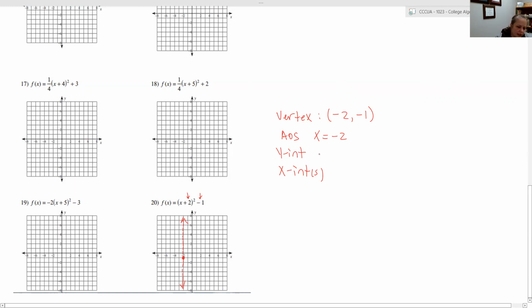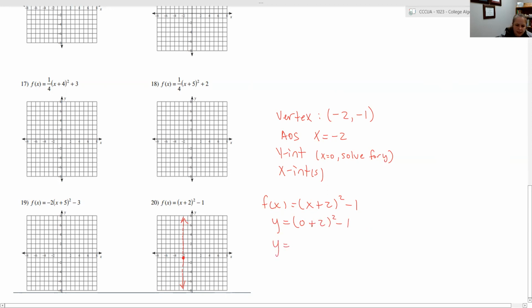Now to find my y-intercept, I set x equal to 0 and solve for y. So taking this f of x equals (x plus 2) squared minus 1, I'm going to change my f of x to y, and then x equals 0, and we solve for y.